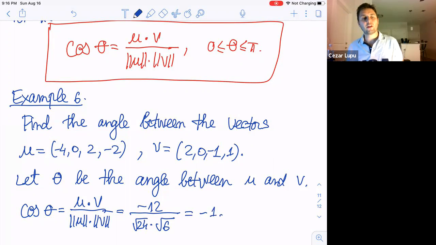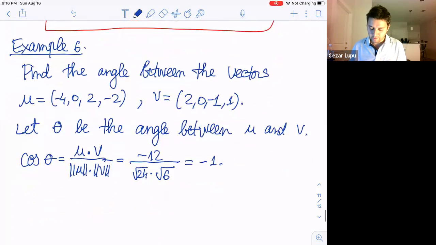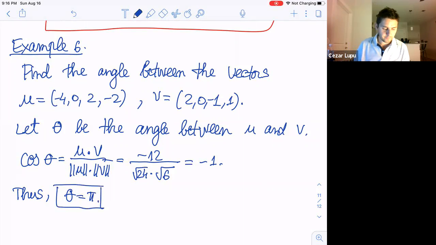Well, you know that the cosine of an angle is -1. It's quite clear that theta will be equal to pi. That's the angle between them. It makes sense if you look at u and v, because u is nothing else than just -2v. Let's point out this remark.